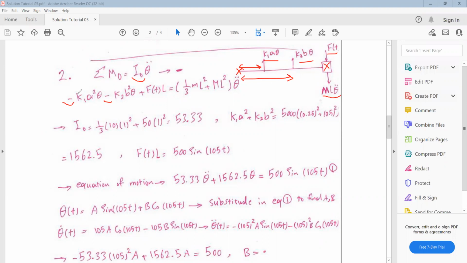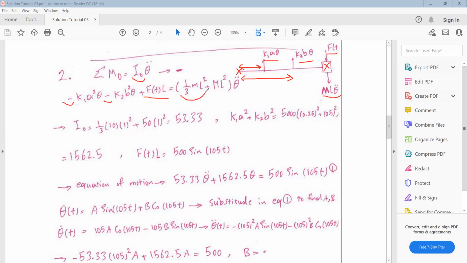But the moment due to the force Ft is in the clockwise direction, in the positive direction of theta. So this is positive. And finally, it must be equal to I_O theta double dot.